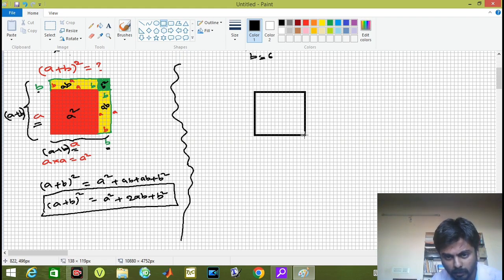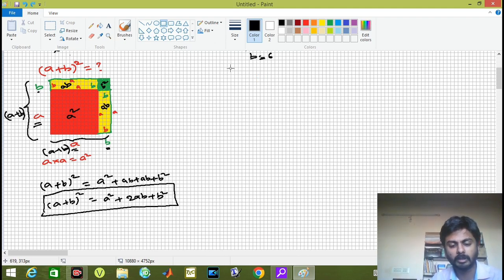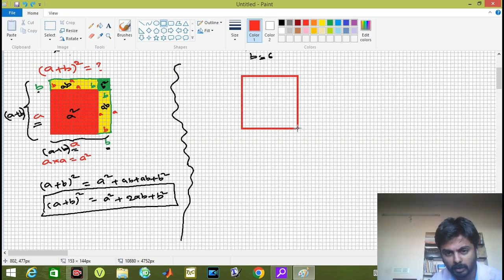I shall take the sides in red color. Now I am taking a square having the length A and breadth A.